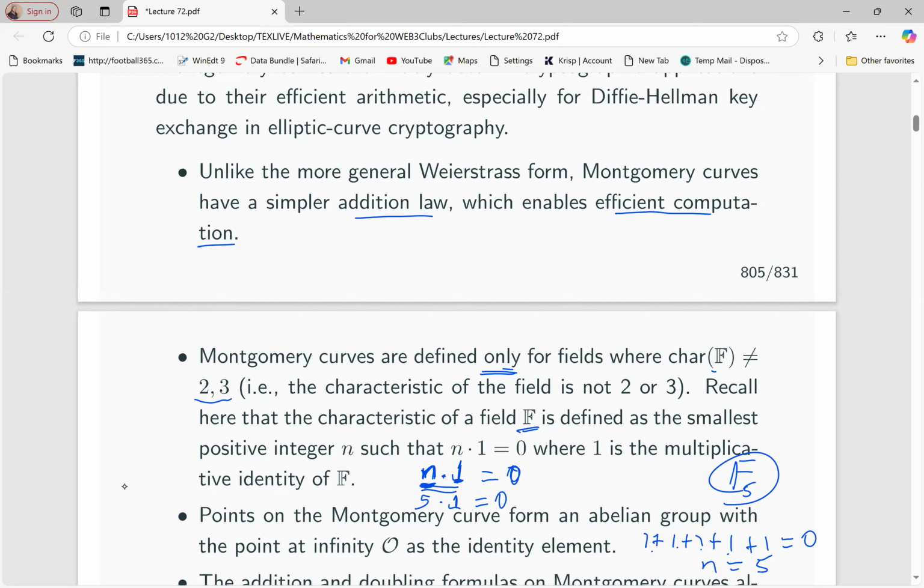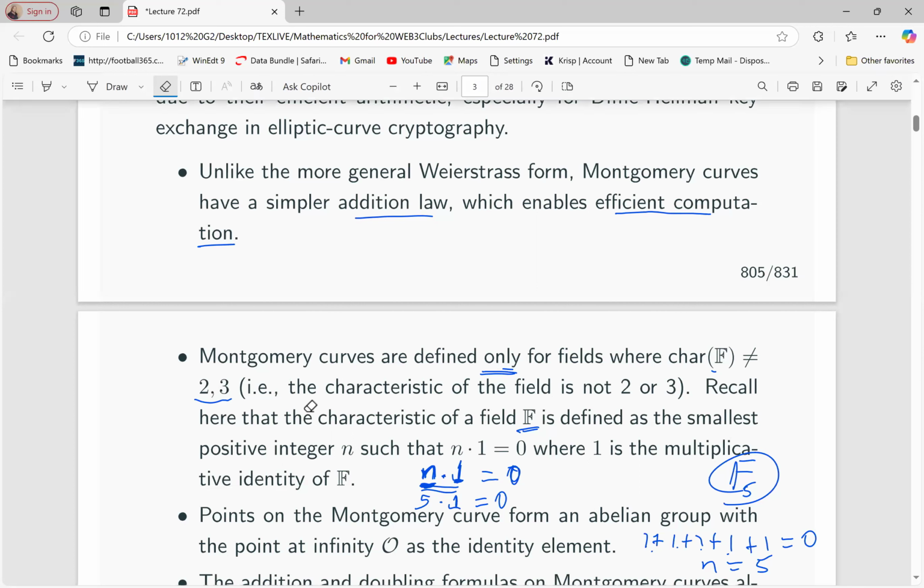Now, what we are saying is Montgomery curves will be defined on fields whose characteristic is not 2 or 3. So if the characteristic is 4, we can get a Montgomery curve. If the characteristic is 5 and so on, if it's 7, if it's 8, we can get a Montgomery curve on that field.